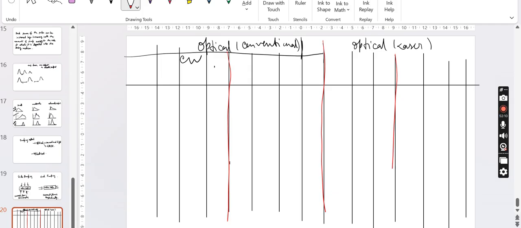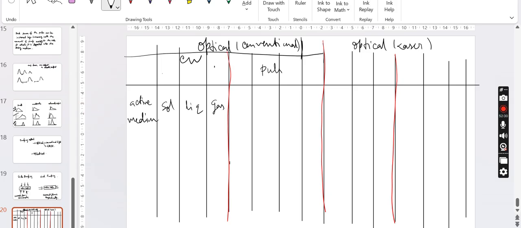This is the CW laser. The active medium can be solid, liquid, gas.